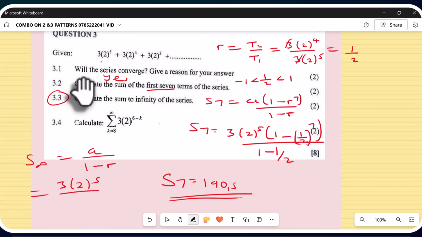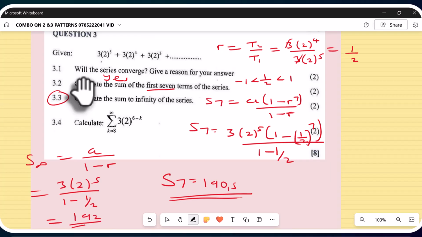So we're going to say 190.5, then plus the summation which we're looking for, from k equals 8 until infinity of this 3 into 2 to the power of 6 minus k.